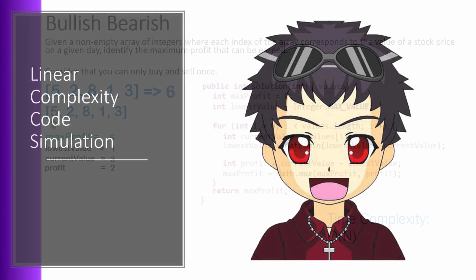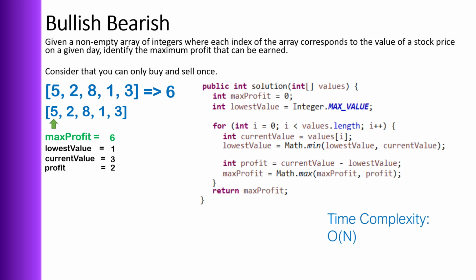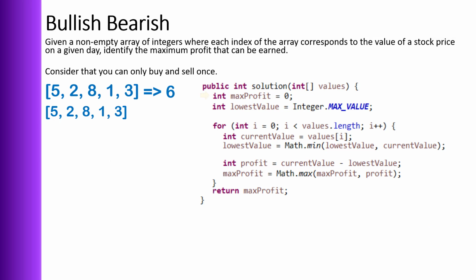So let's simulate this one, so that we can easily visualize why we have implemented it this way. Alright, so let's start. Int max profit is equal to 0, so let's initialize that one. Max profit is equal to 0. Then lowest value would have the max value for an integer, which is this. Now, let's start iterating through the array. So we declare a cursor that will start on index 0 and then go through the entire array.